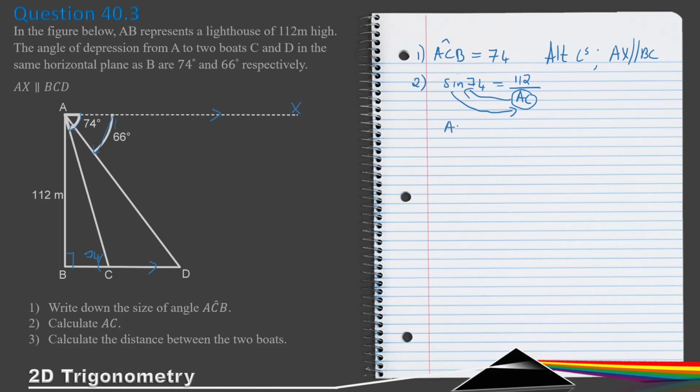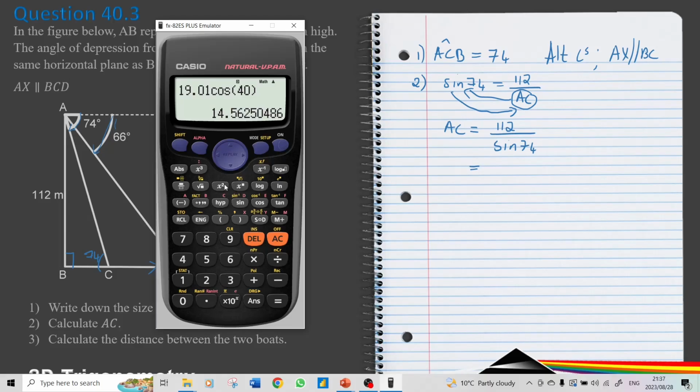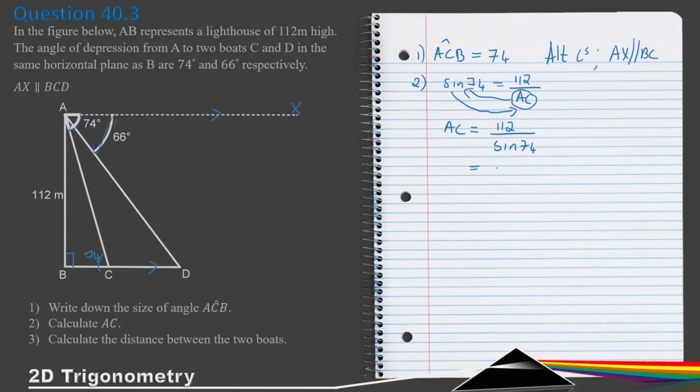So AC is equal to 112 over sine of 74, and that's 116,51 in meters.